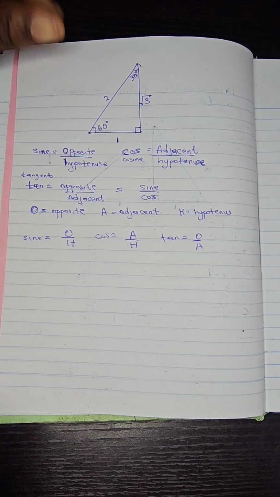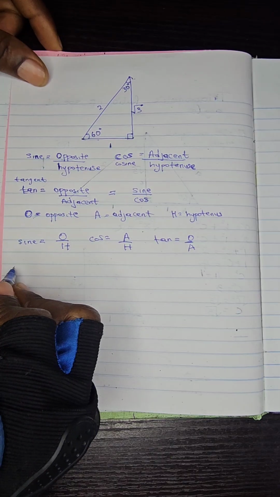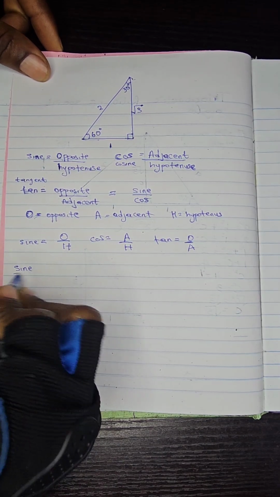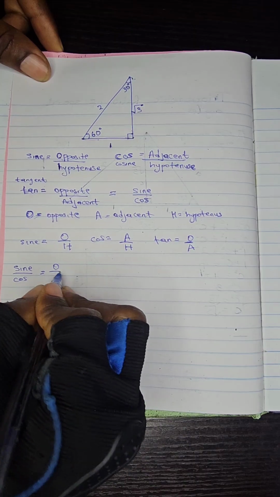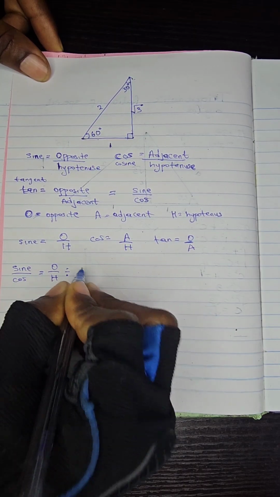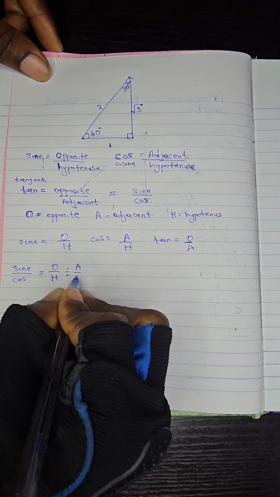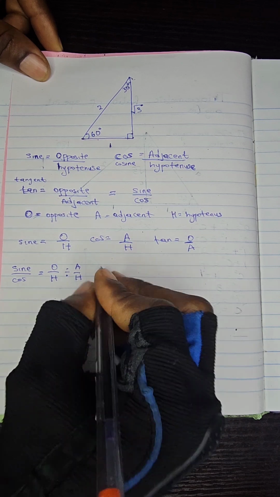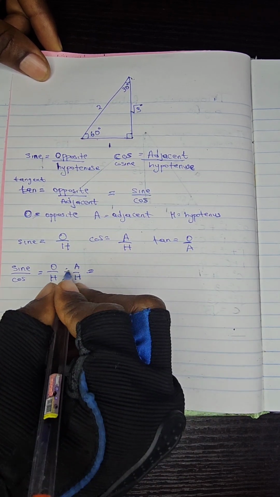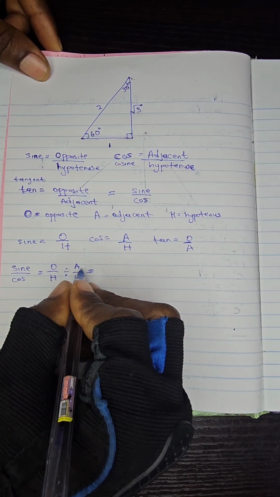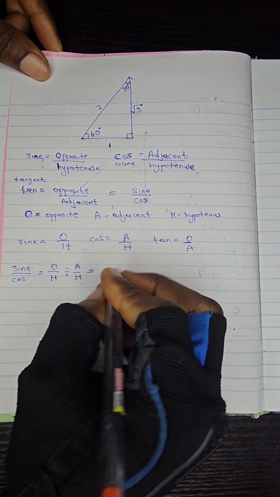So if we are to solve sine over cos, we are going to get O over H divided by A over H. We all know that when you want to divide a fraction, you change the division sign to multiplication and invert the second fraction.